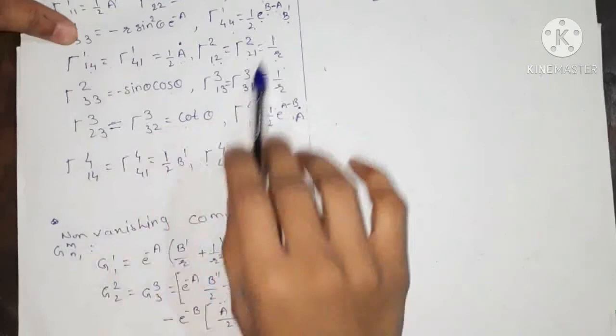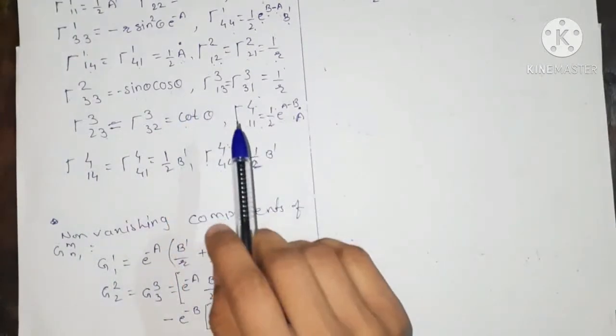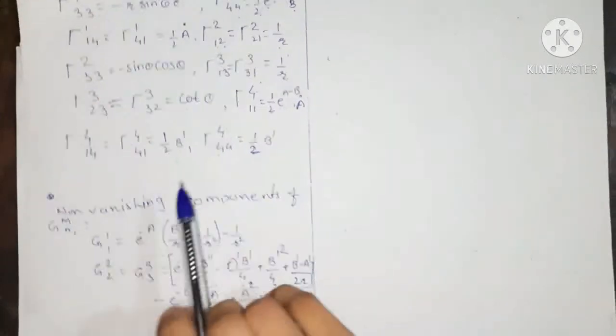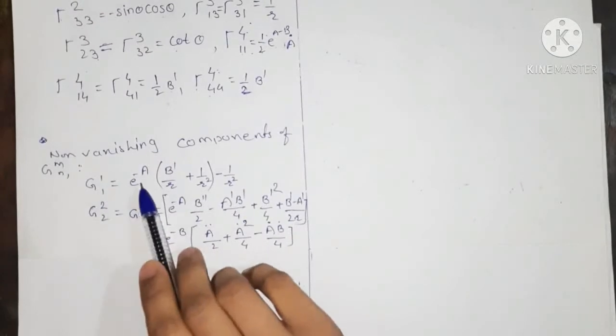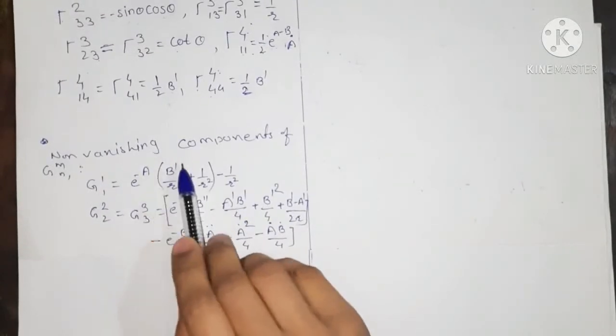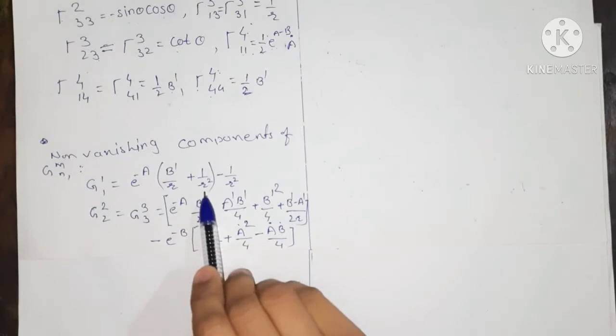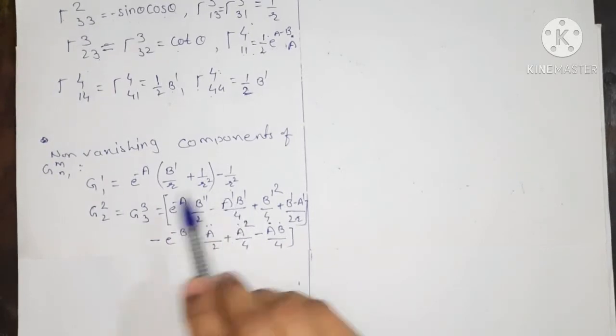Now, using this we calculate the Gmn by using the Ricci tensors. We get that G11 has the value e to the power minus a in bracket b dash upon r plus 1 upon r square, minus 1 upon r square.